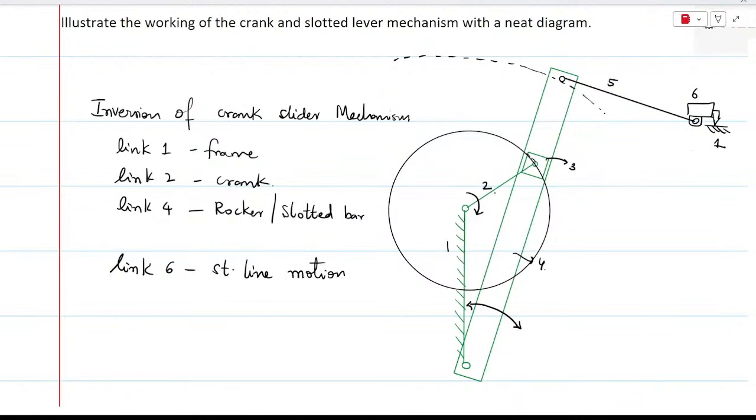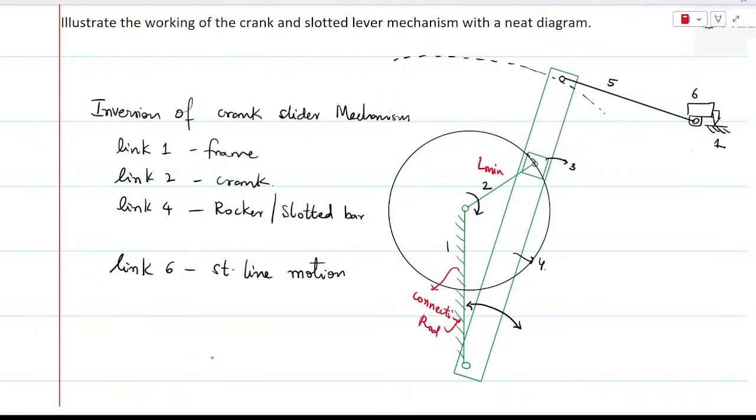So remember here, link 2 is L minimum, or it is shortest. Link 1 is adjacent to L minimum, and link 1 is also referred to as connecting rod as per crank slider chain. So you can add up the points and you can elaborate the working.